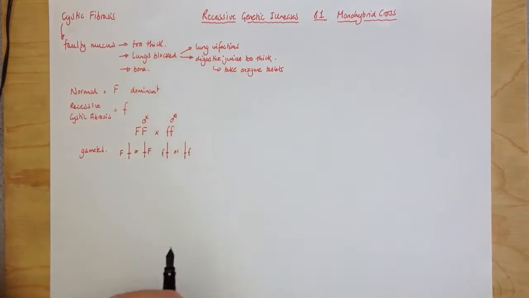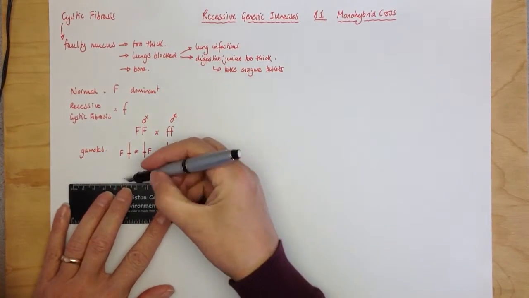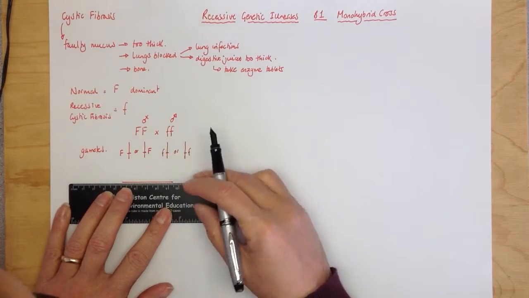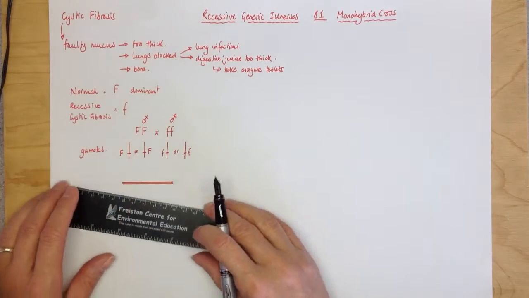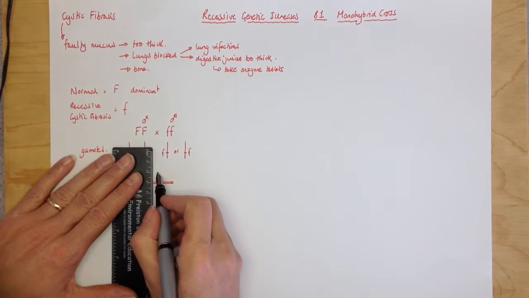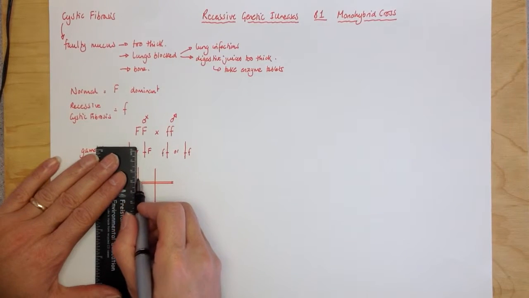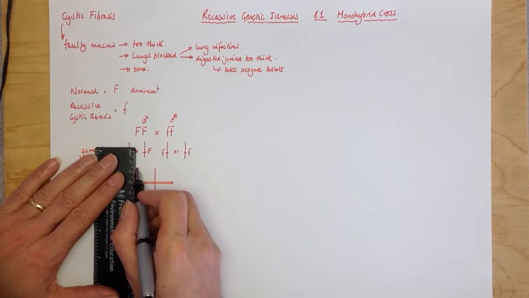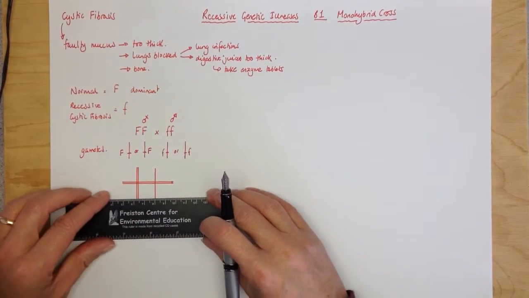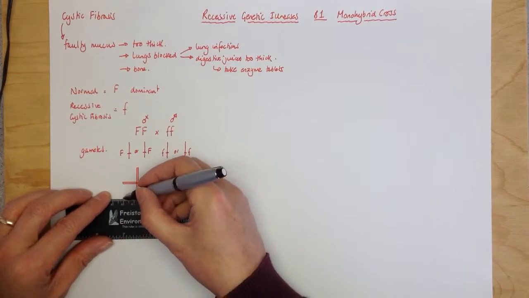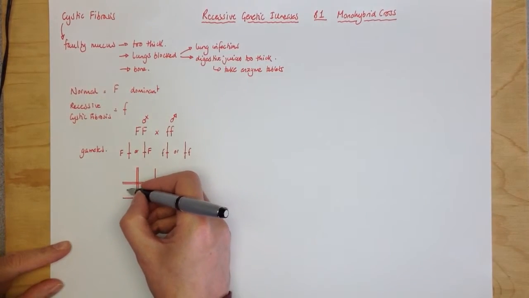So, let's do our Punnett square. Make it neat this time. Do mum's eggs.